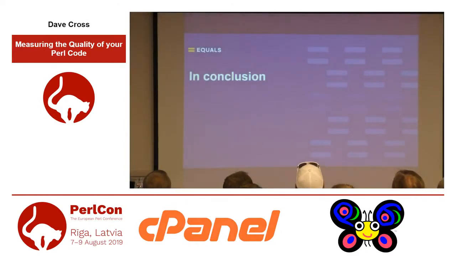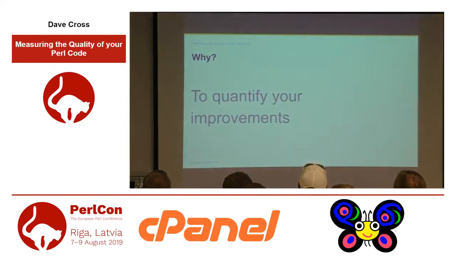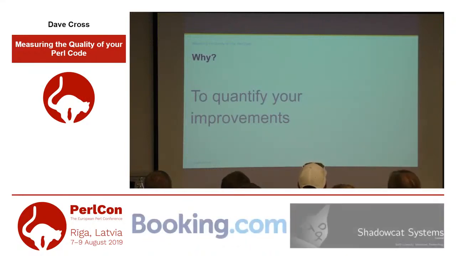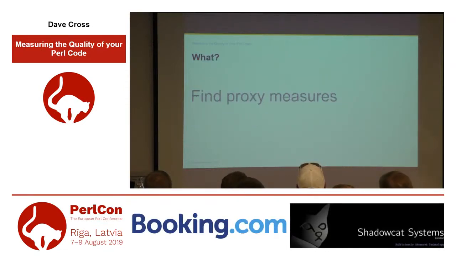So in conclusion, why do we want to measure the quality of our Perl code? So that we can quantify the improvements that we later make. Notice I haven't talked at all about actually making the improvements. That's left as an exercise to the reader or watcher or whatever. What are we going to measure? Well, you need to find proxy measures.